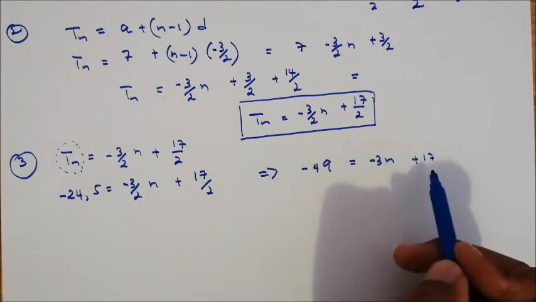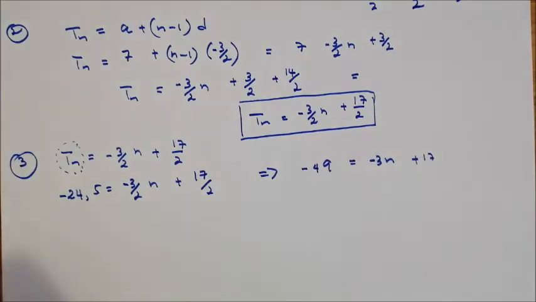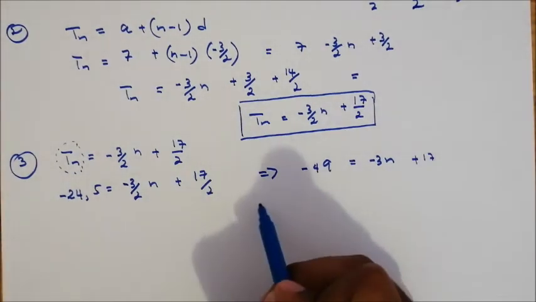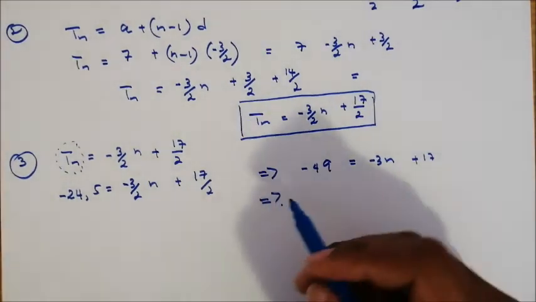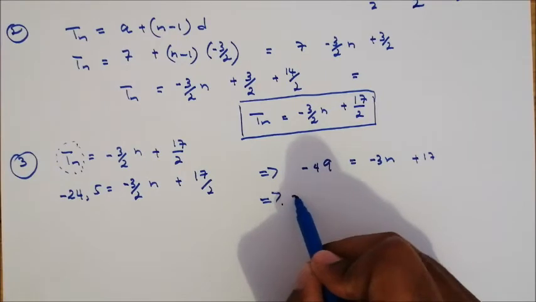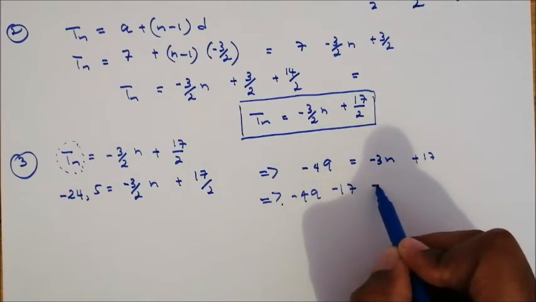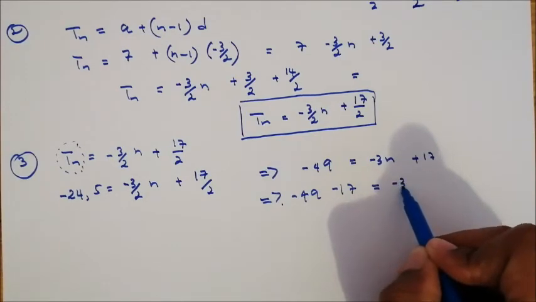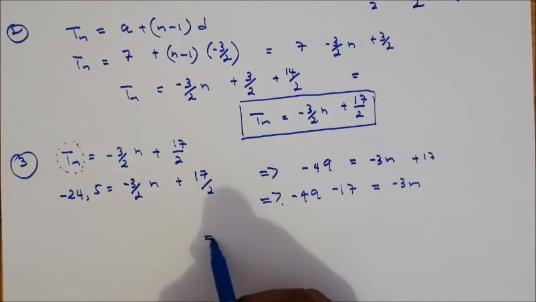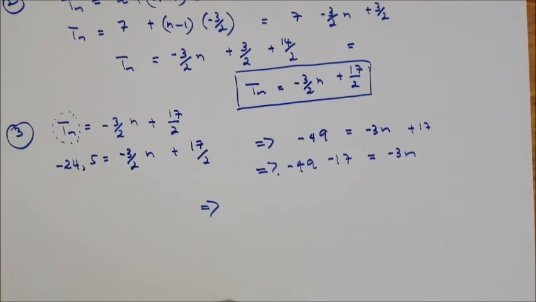So we subtract 17 on both sides, right? Okay, cool. So minus 49 minus 17 is equal to minus 3n, right?